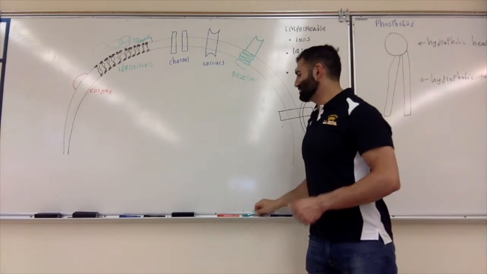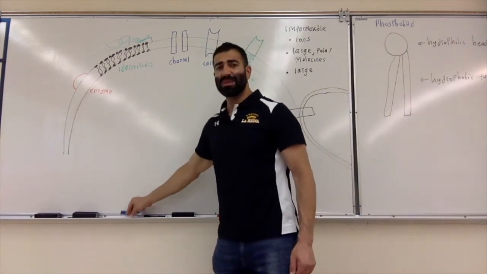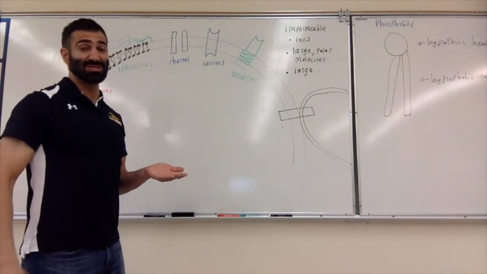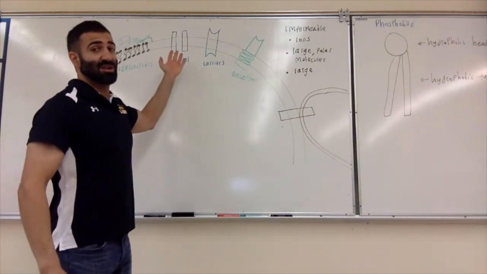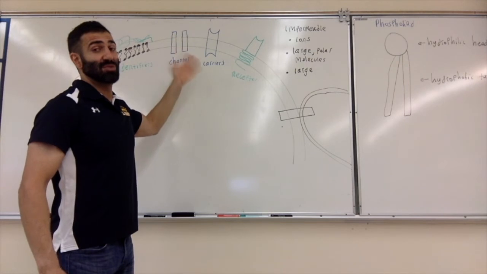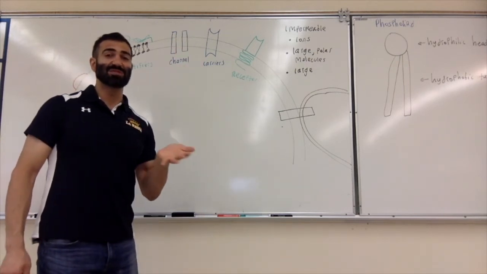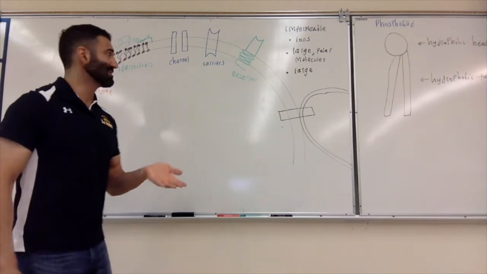And I didn't mention this, but channels can also be gated, meaning that they can open and close based on certain stimuli. Water channels do not have gates, but things like sodium channels and potassium channels do have gates.